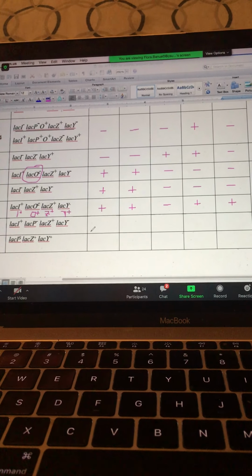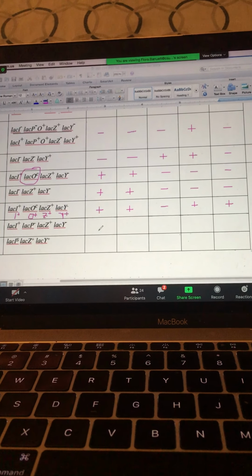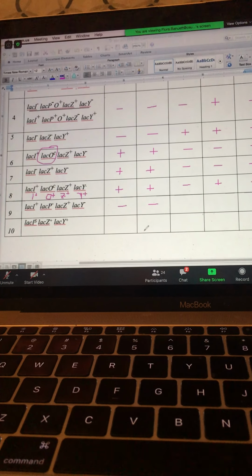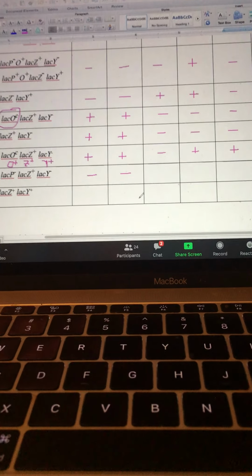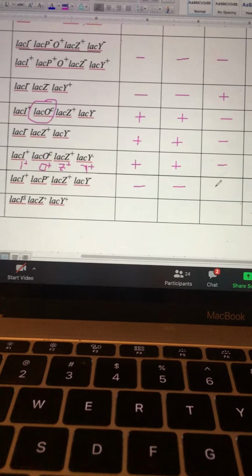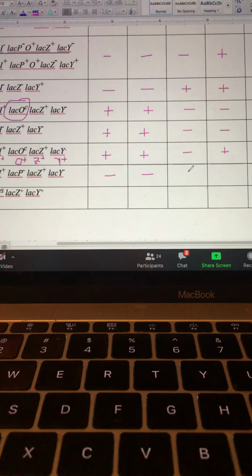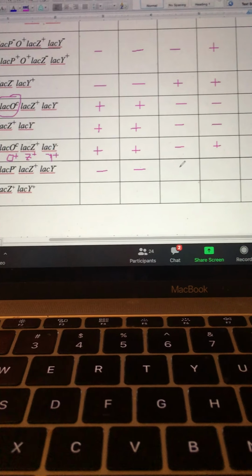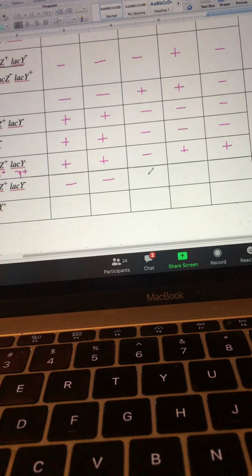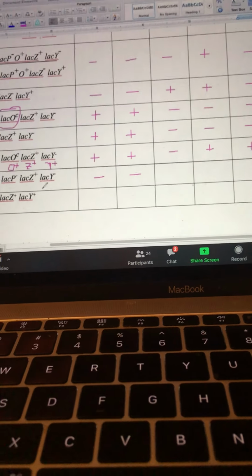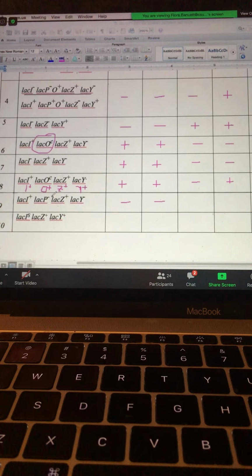Okay. So is it going to be the first two minus minus? Because then the next one is going to be plus. Why is that going to be plus? I said that because of lac Y minus, and the repressor is going to be also positive there, or does it matter for the repressor?